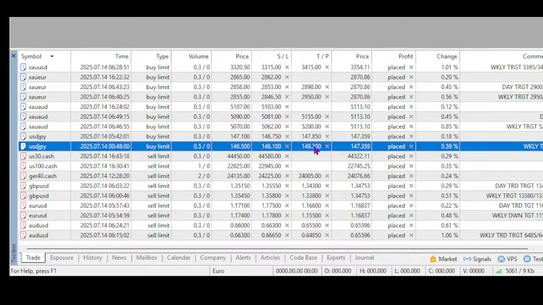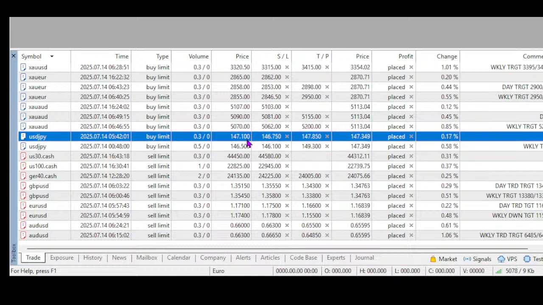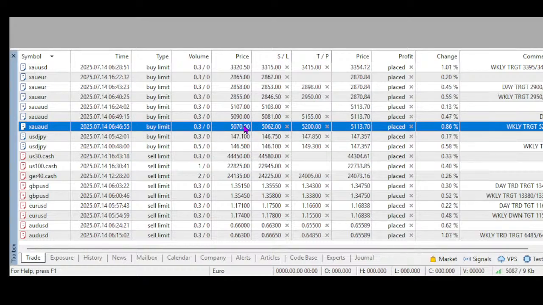Then we have a weekly dollar yen. We also let it work because that is going to be a weekly level. Then this is a daily dollar yen buy, let it work. And this is a weekly gold Aussie buy. I think that is also let it work.